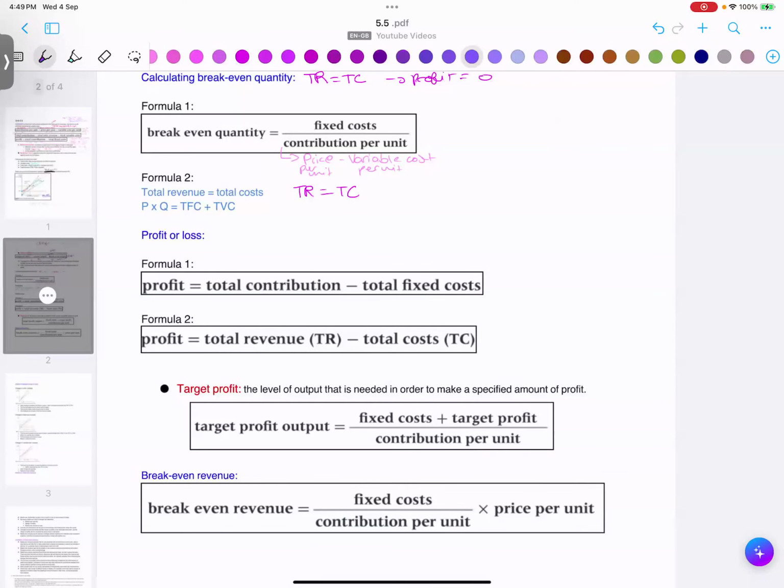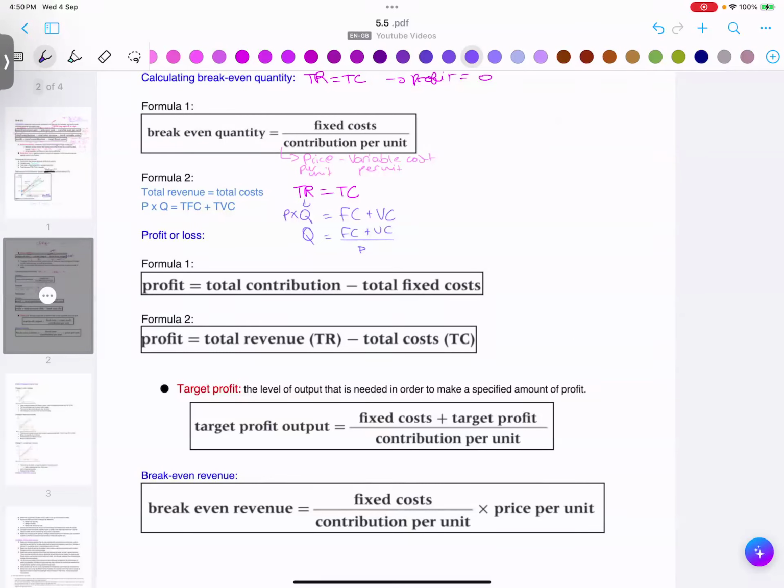Total revenue is price times quantity, and total cost is fixed cost plus variable cost. So in order to find break-even quantity, quantity equals fixed cost plus variable cost divided by price. Okay, and you can also put total fixed cost, total variable costs. They're technically quite the same thing in context. So this is how you find the break-even quantity.